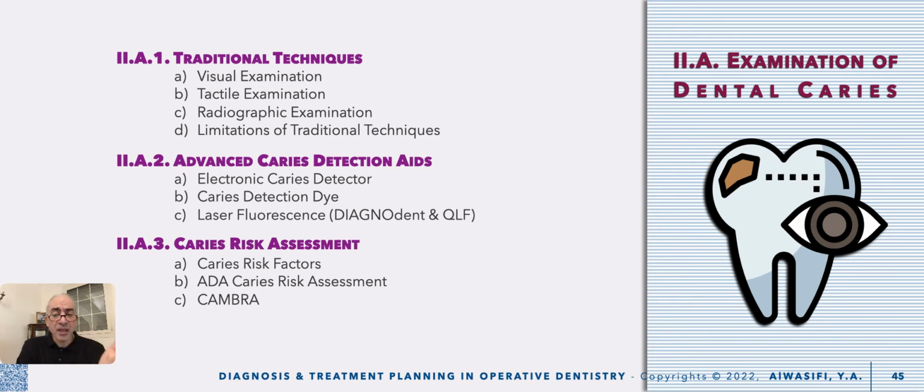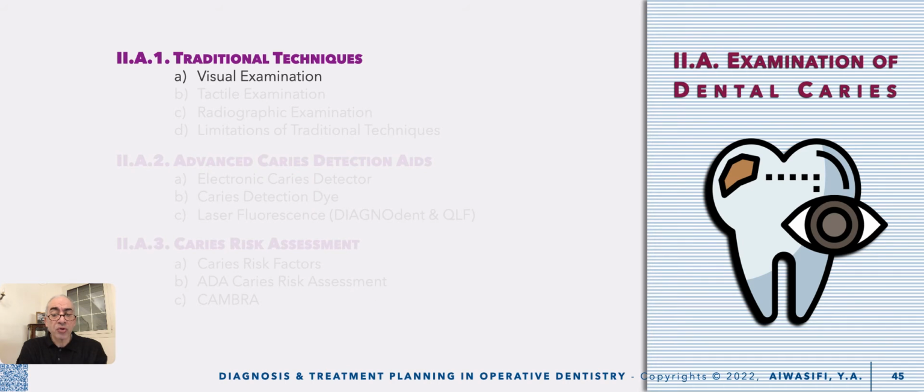Then we discussed indices to help standardize the scoring of visual examination, to make it more objective and decrease the gap between what one operator sees and another, by introducing different indices including the BOFA system, the ICDAS system, and the American Dental Association system. That is just to standardize the scoring of visual examination.